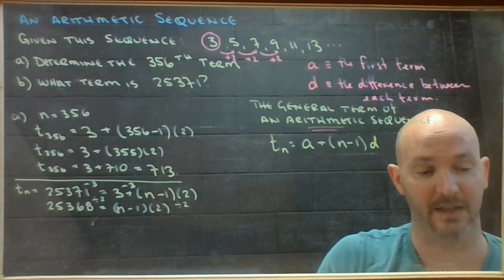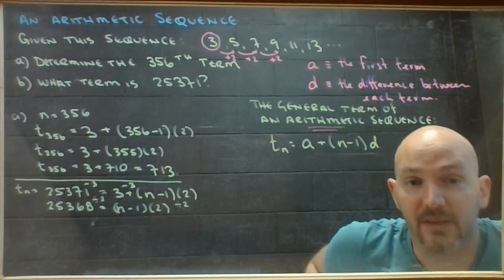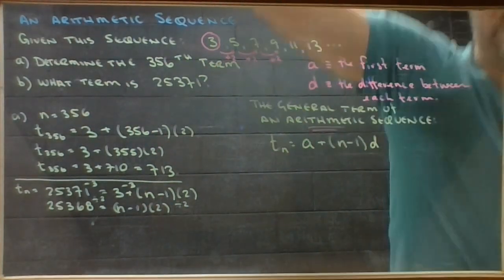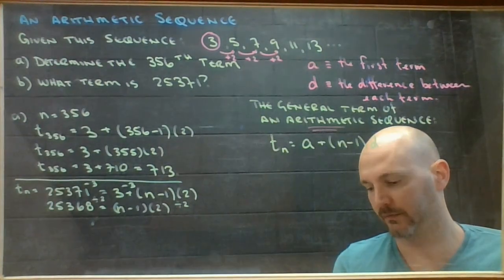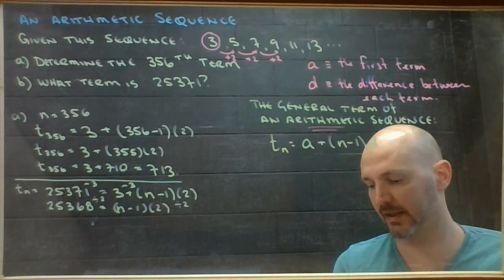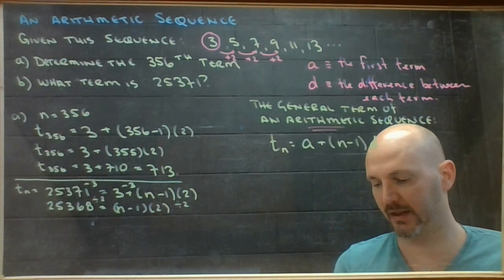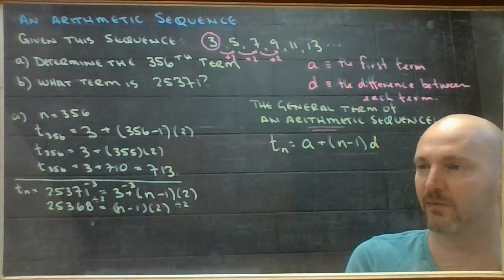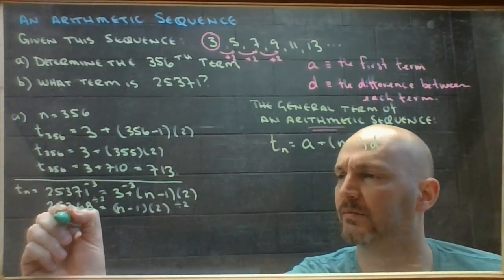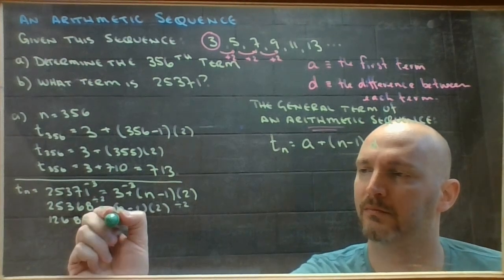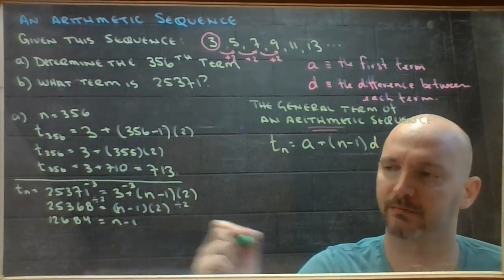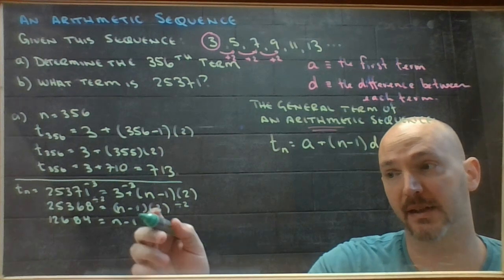I'm just going to get my calculator because that's going to save a lot of stress. 25,368 divided by 2 gives me 12,684. And the last thing to do is to add 1.